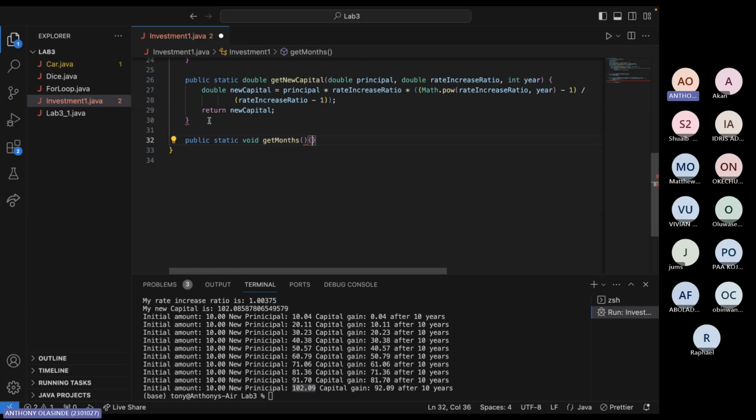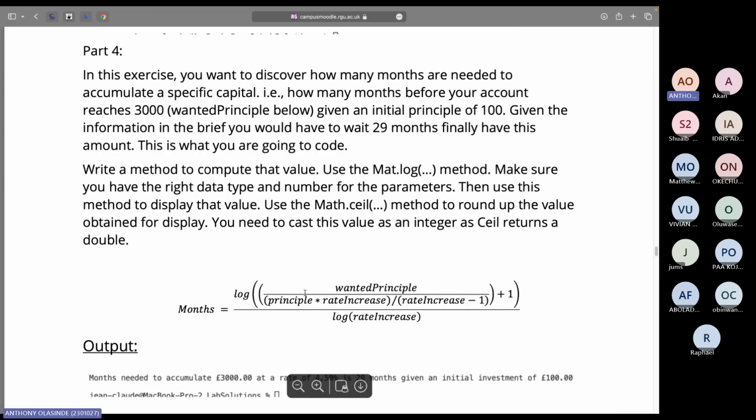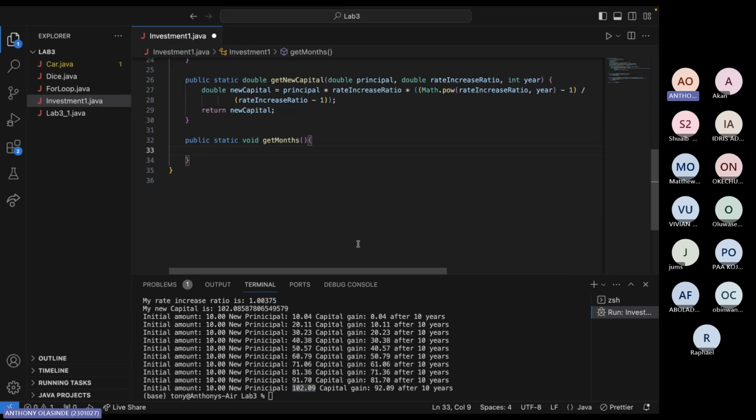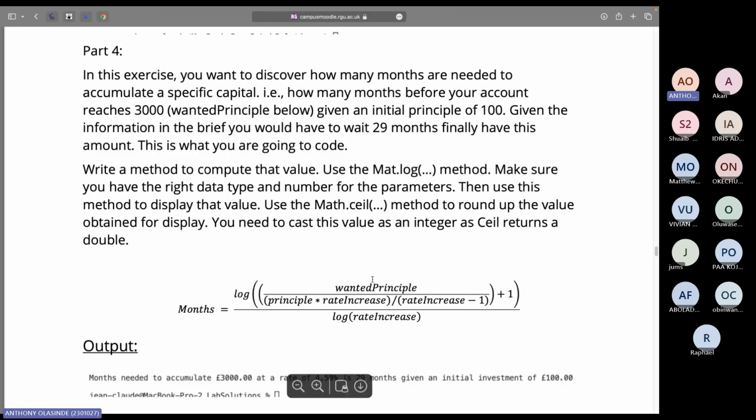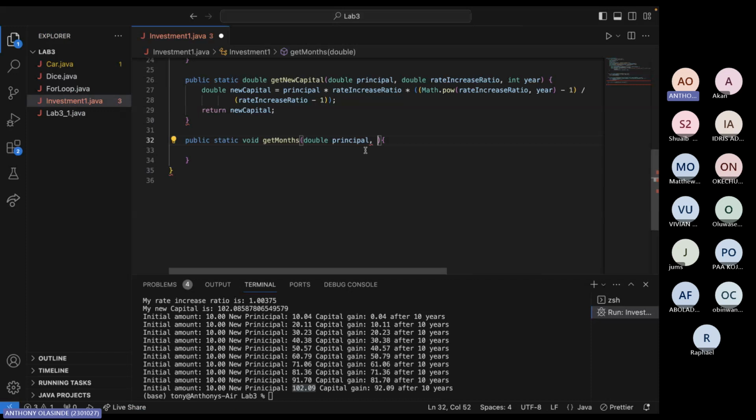We actually know we need principal. Principal is going to be double. We need wanted principal, so it's also going to be double.